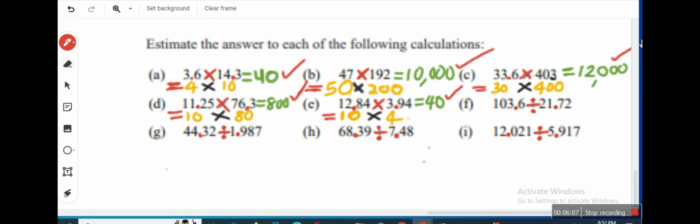The next one, F. One significant figure should be what?